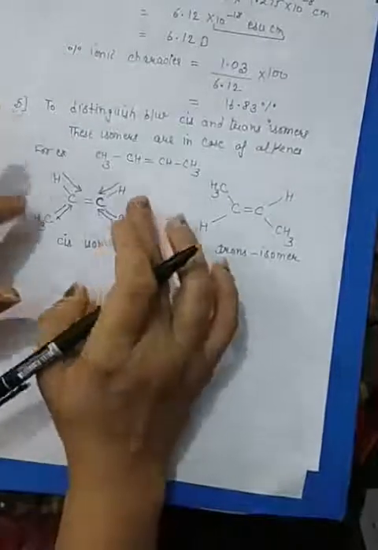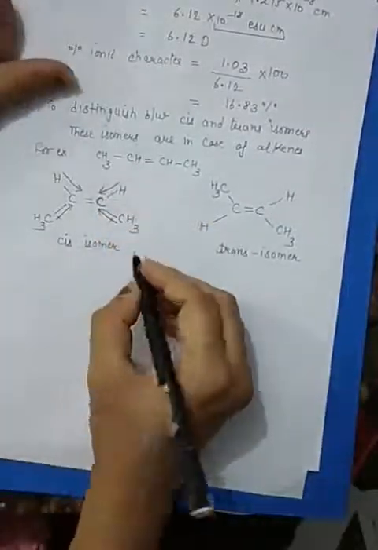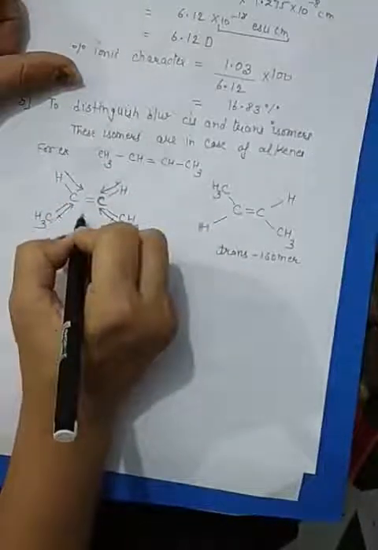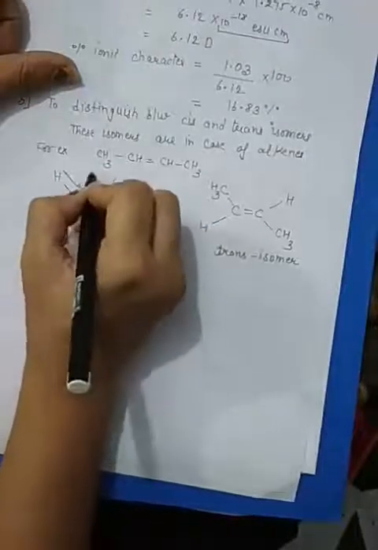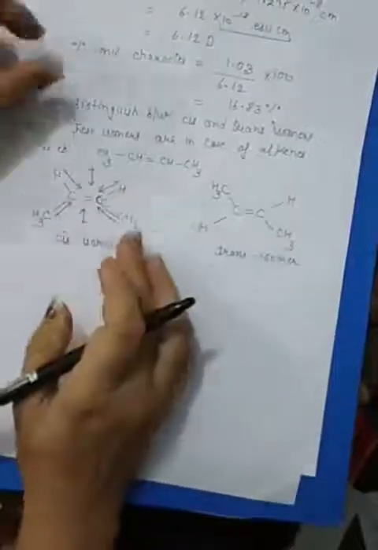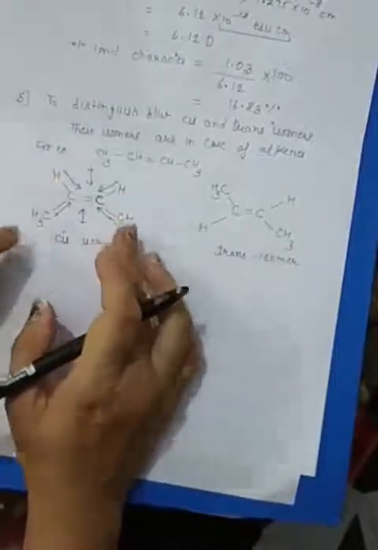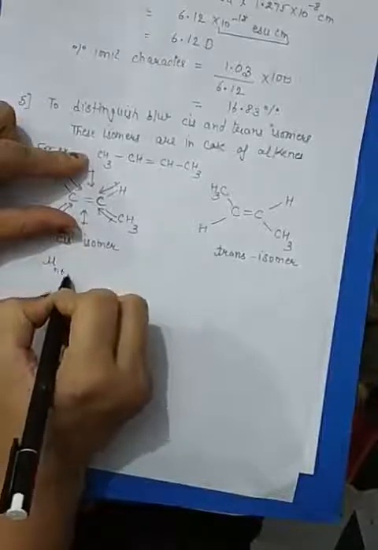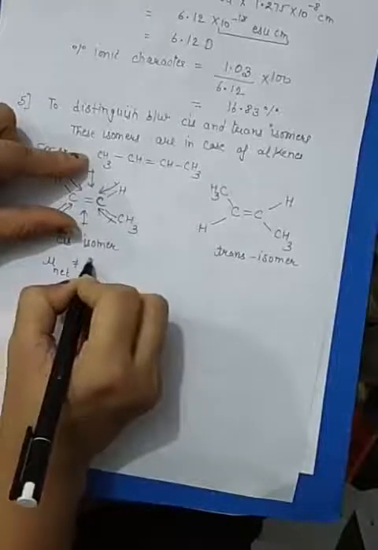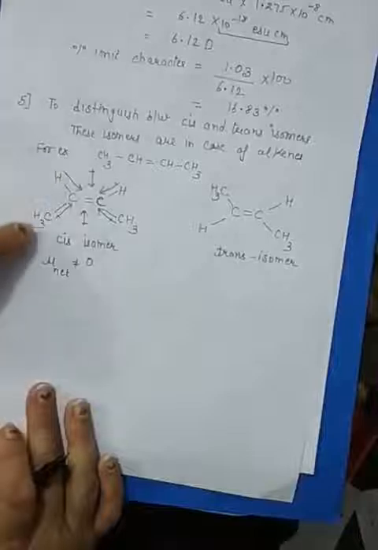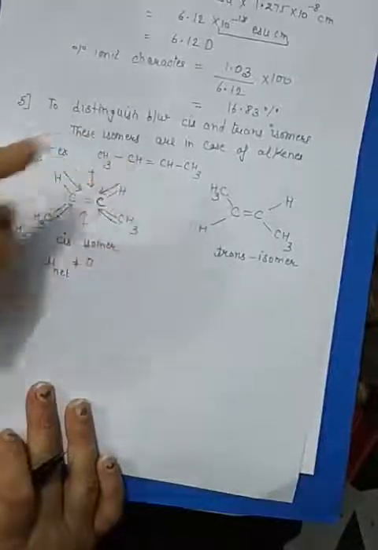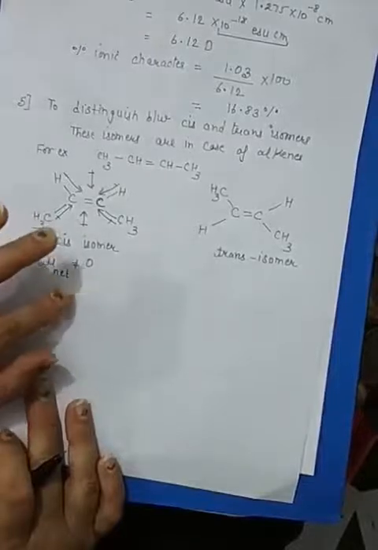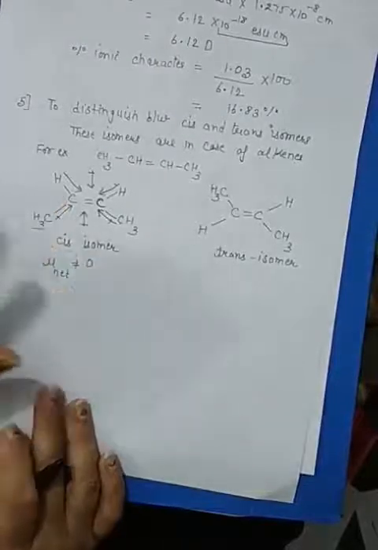As the bonded atoms are not the same, their resultant is in upper direction, their resultant is in lower direction. But as the bonded atoms are not the same, some values cancel out, but net dipole moment is not equal to 0 due to the presence of different surrounding atoms or groups. So for cis isomer mu of the molecule is not equal to 0.